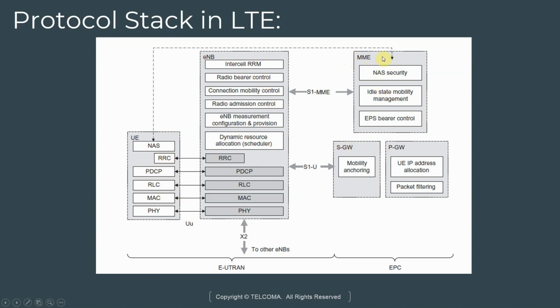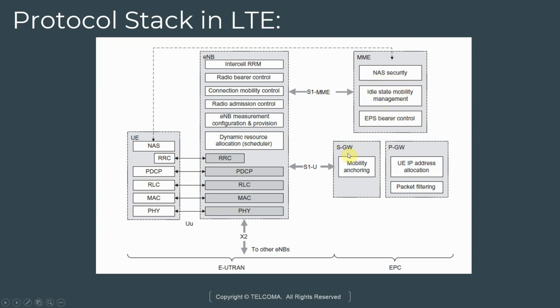Now on the MME side, or the EPC, of course you have the NAS connection between the MME and the UE on the NAS layer, and then you have some responsibilities of the MME here. The eNodeB and MME communicate by the S1-MME protocol, which we'll look at in a later section.